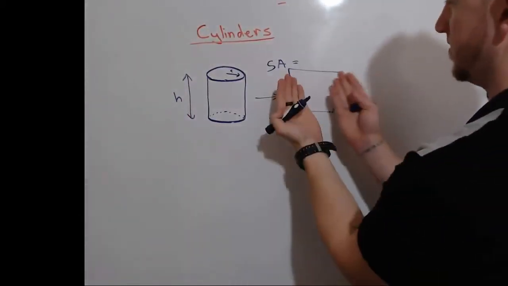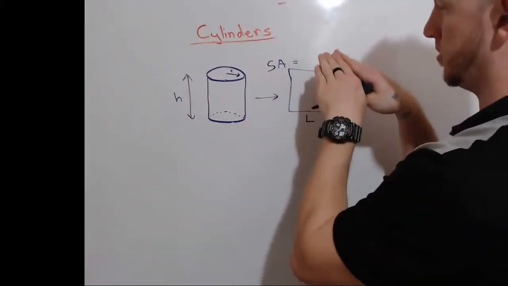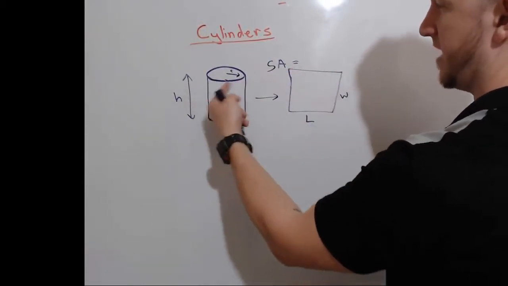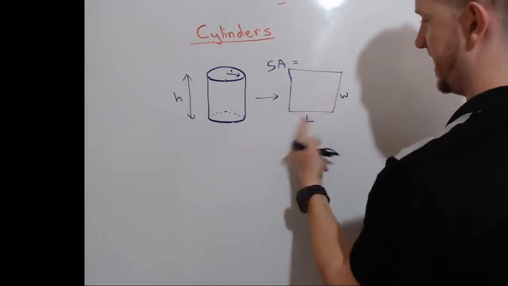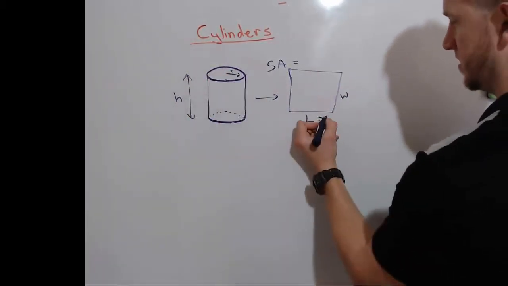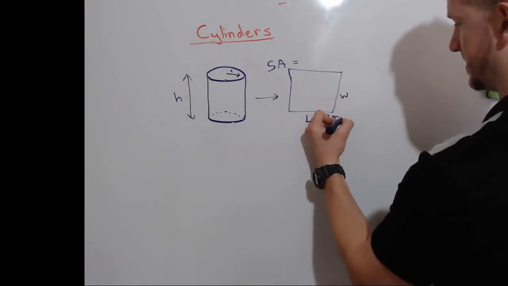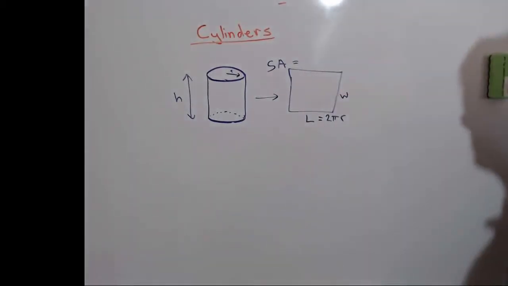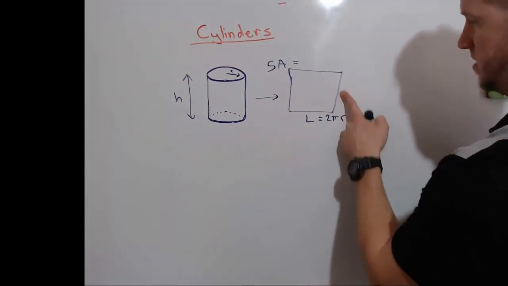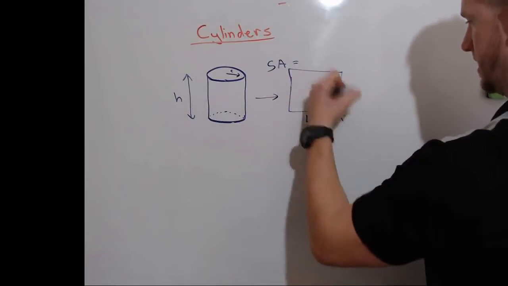But hopefully, if you see that if I take this and roll it up, the distance from here to here is the same as the distance around the cylinder. So this length is actually equal to the circumference, which is 2 times pi times r. So now that I've got this, that means its width is actually my height.